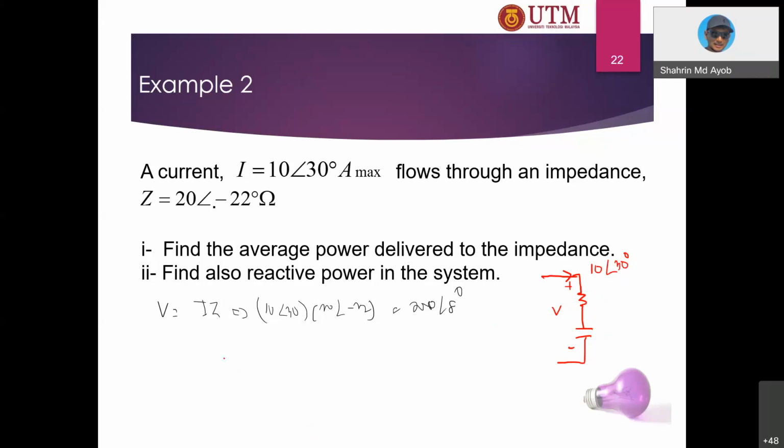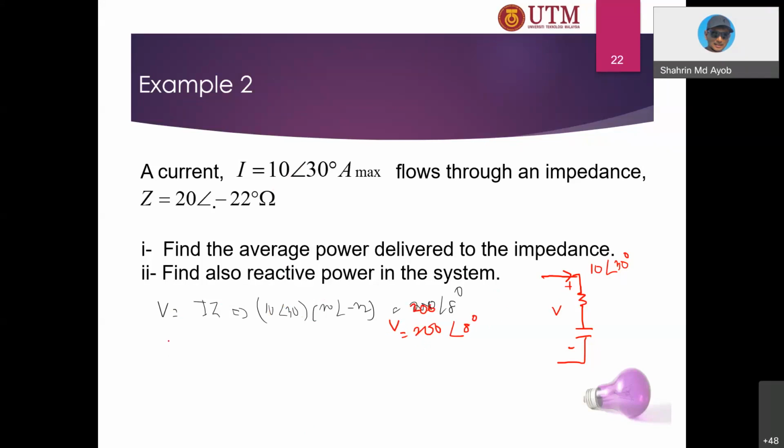It is very easy to calculate using the phasor domain: 10 with an angle of 30 degrees, multiplied with the impedance 20 angle negative 22, gives 200 with an angle of 8 degrees. That is your voltage.